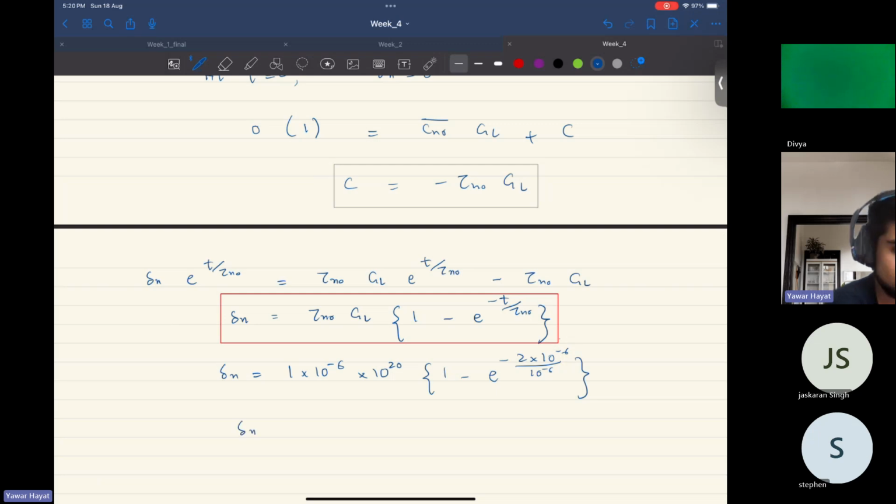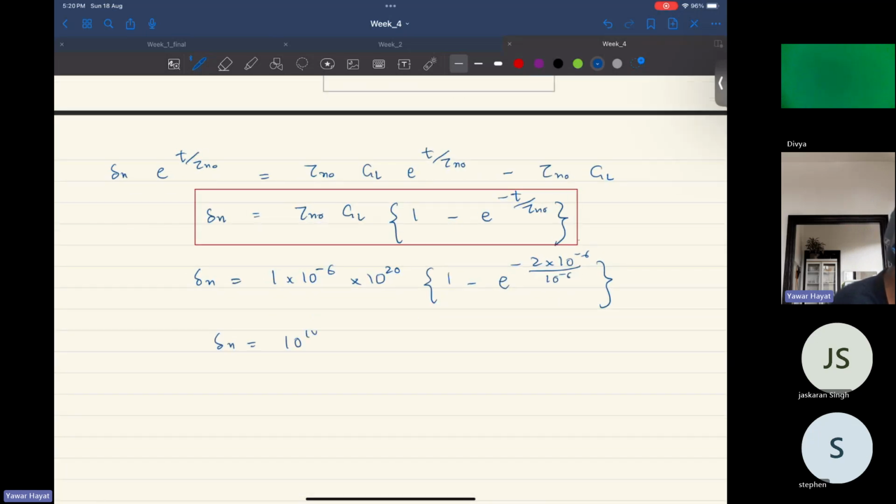These constant values were already given in the question, so I use them. Now delta n is equal to 10 to the power 14 multiplied by 1 minus exponential of minus 2. That means your delta n is equal to 8.65 into 10 to the power 13 per centimeter cube.